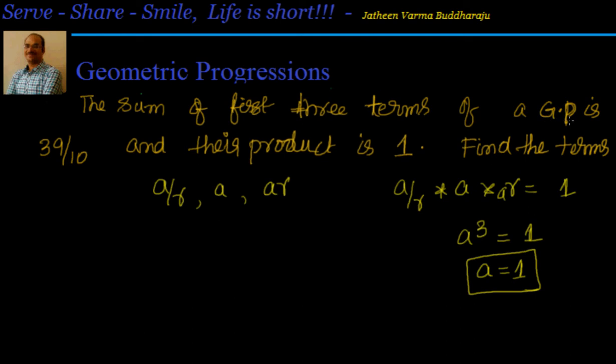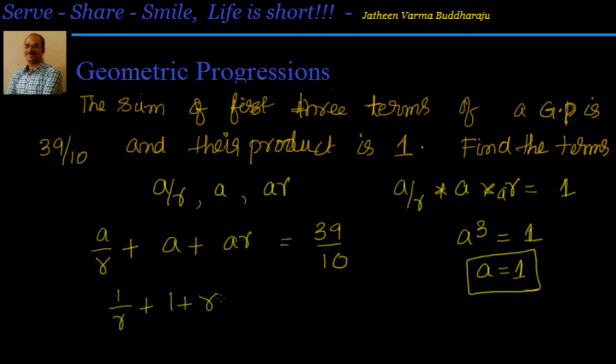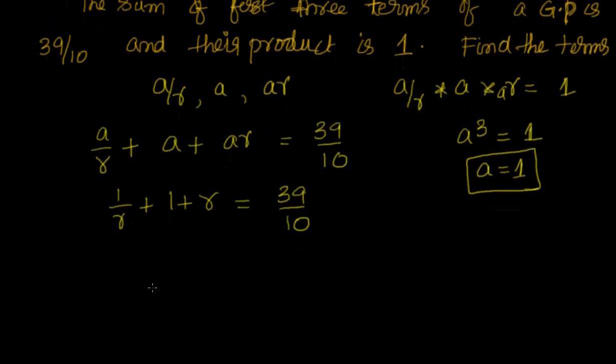The first condition says the sum of first three terms of a GP is 39 by 10. Now we know the three terms we have taken. So can I say a by r plus a plus ar equal to 39 by 10? But you know a equal to 1. So I can write it as 1 by r plus 1 plus r equal to 39 by 10. Now let's simplify this. We'll have a simple quadratic equation.